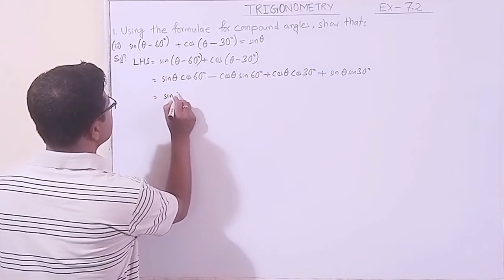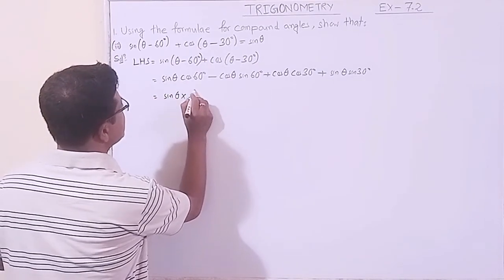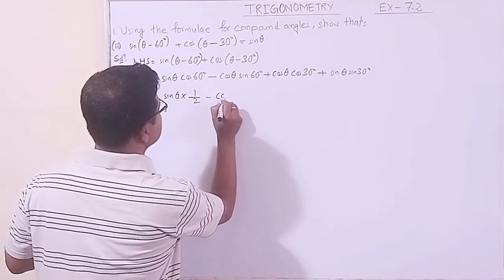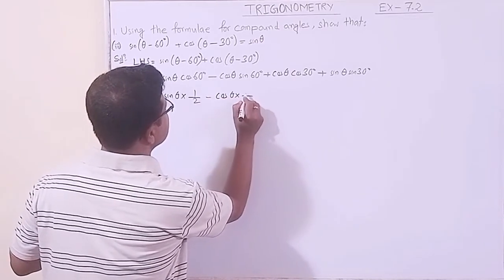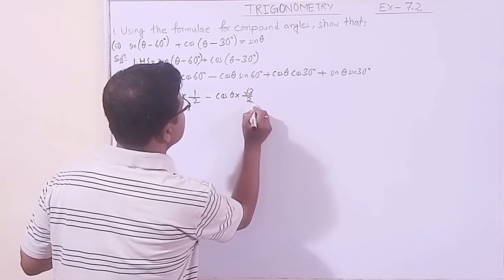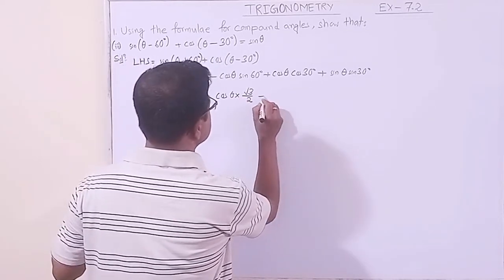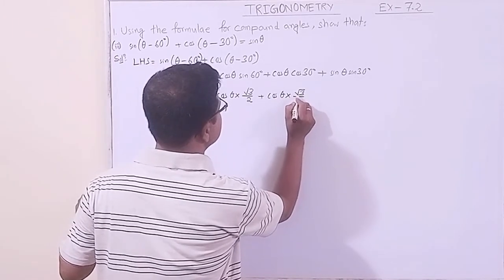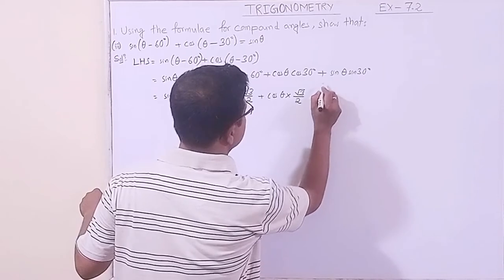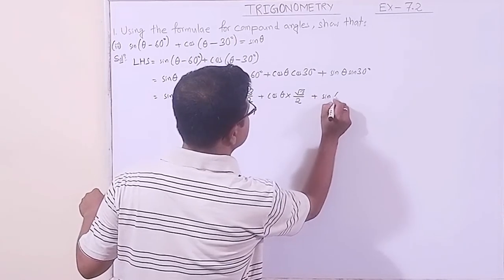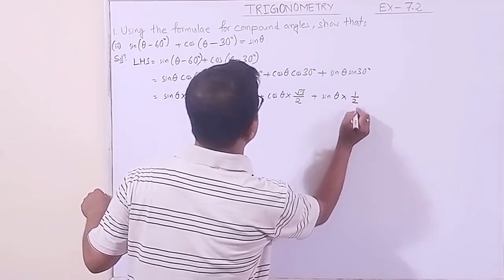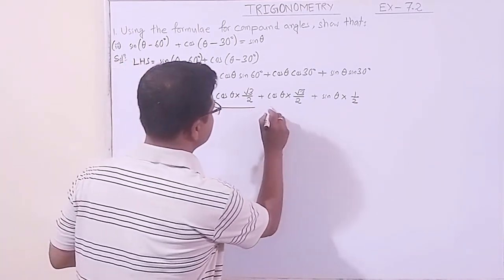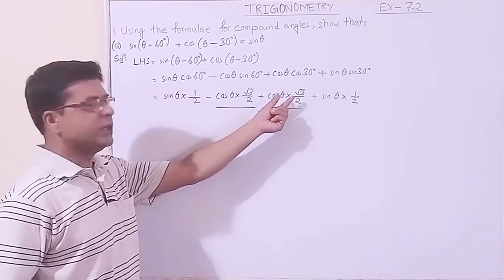Now my dear students, we know that cos 60 is equal to half, this is cos theta, sin 60 is root 3 by 2. Okay, this is cos theta. Cos 30 is root 3 by 2. Okay, and this is sin theta. Sin 30 is half.